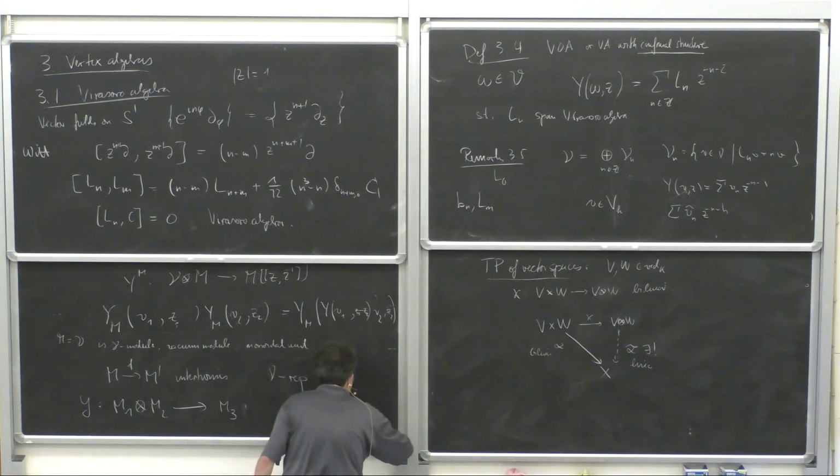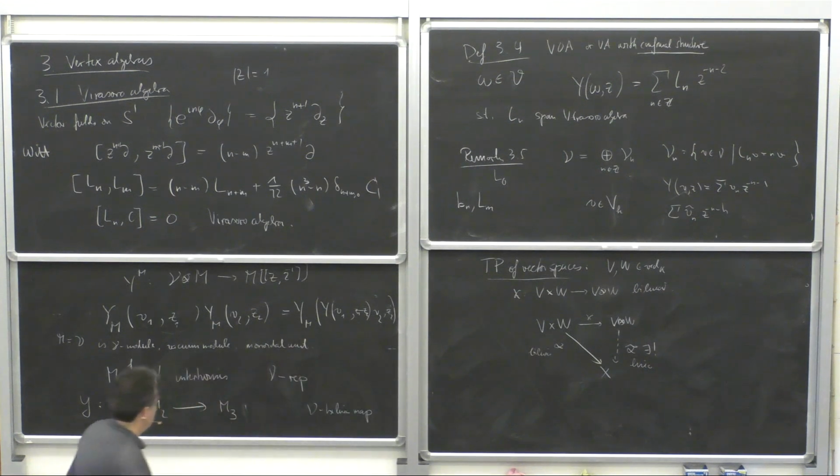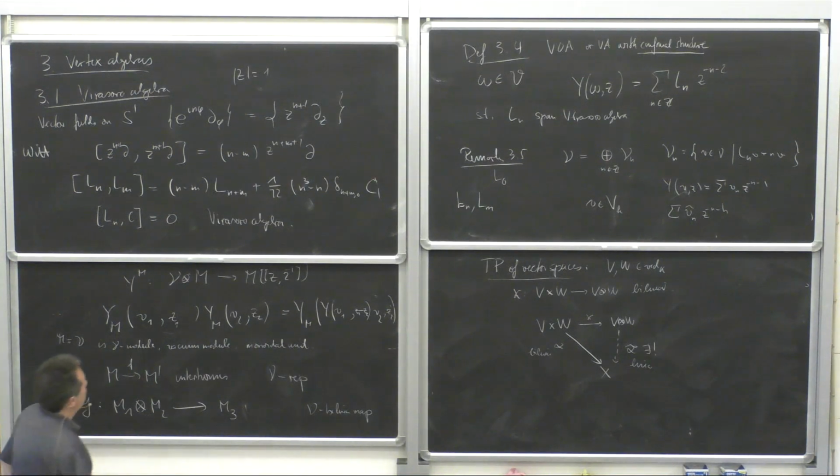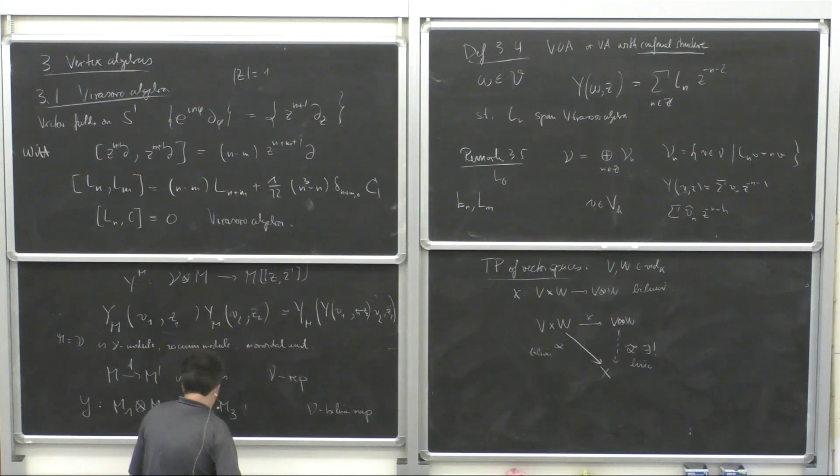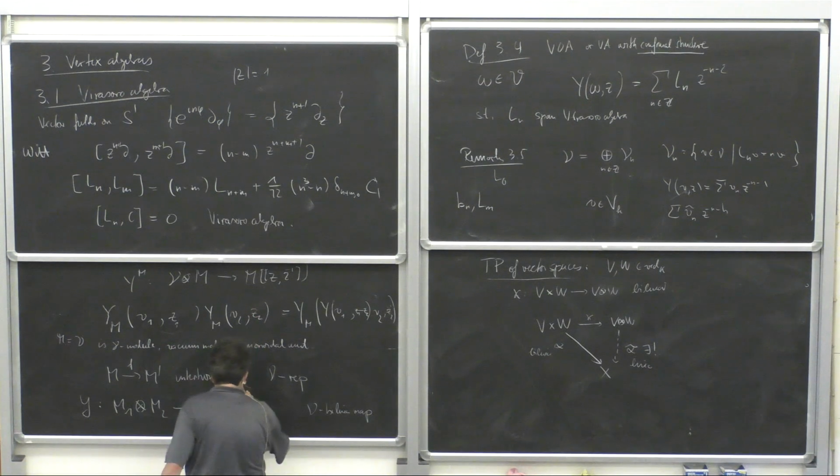Well, now you've seen we have all the time constructed maps which depend on top of this on z and z to the minus 1.